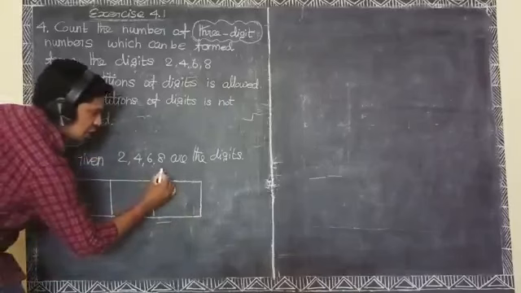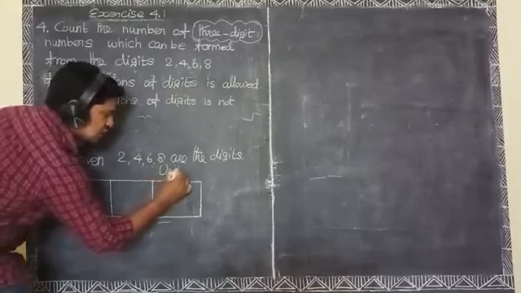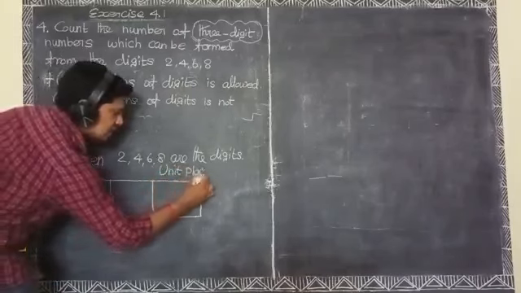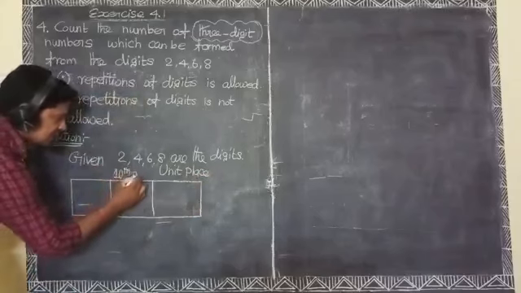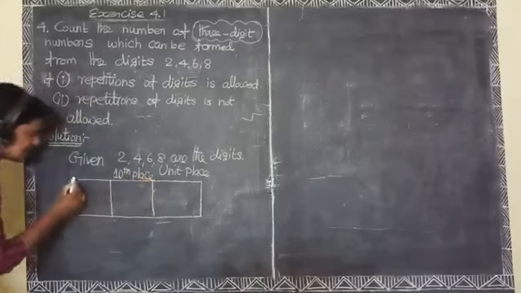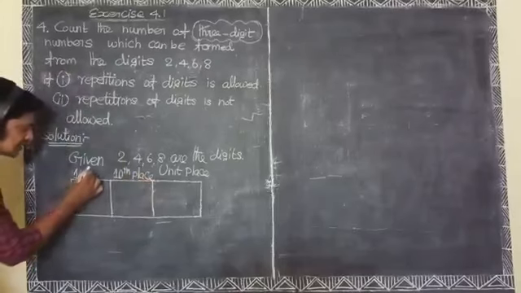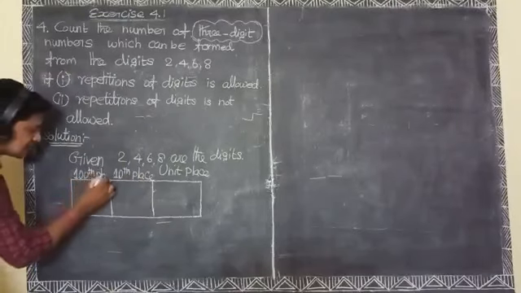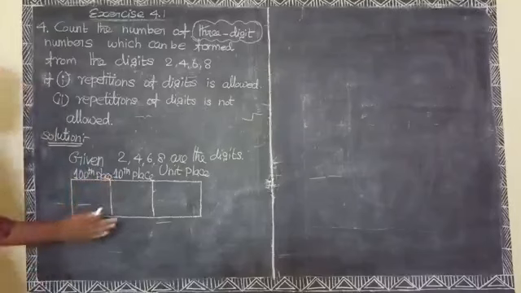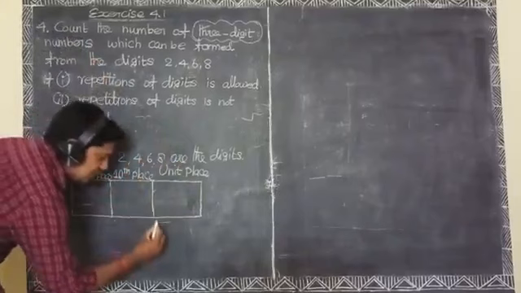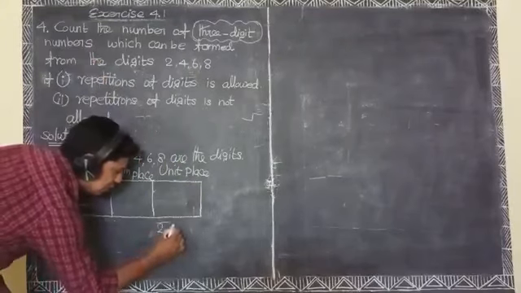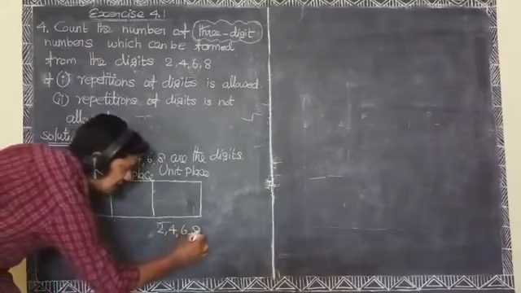This is the unit place, this is the tens place, this is the hundreds place. Here, in the unit place, the possible digits are 2, 4, 6, 8.